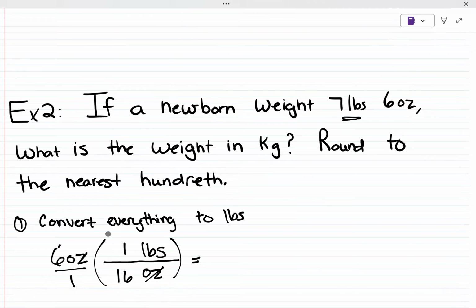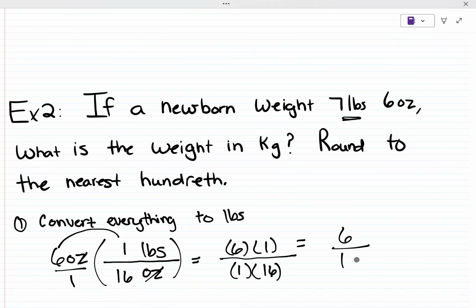So then you multiply across, so 6 times 1, and on the bottom, it's 1 times 16. So 1 times 6 is 6, and 1 times 16 is 16. And you get 6 over 16, do not round.